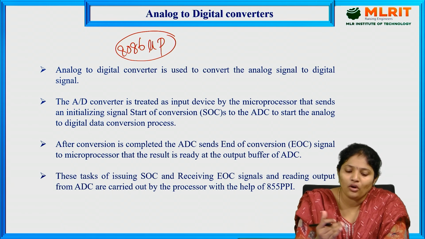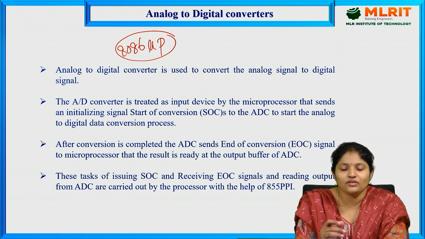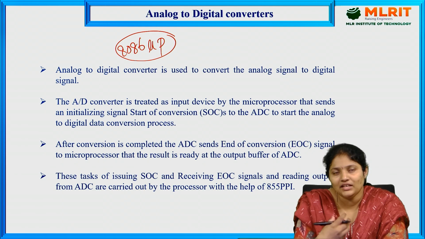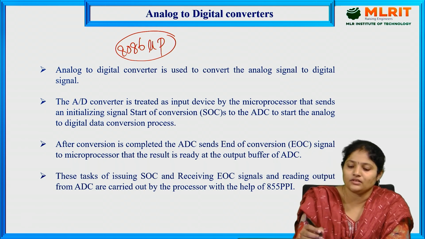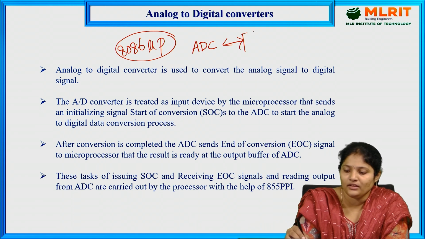So to operate microprocessors, we need to give digital data. That's why the microprocessor needs to get digital data from the A to D converters, so the A to D converter is used as an input to the microprocessor.